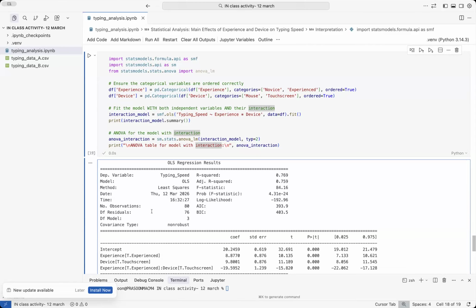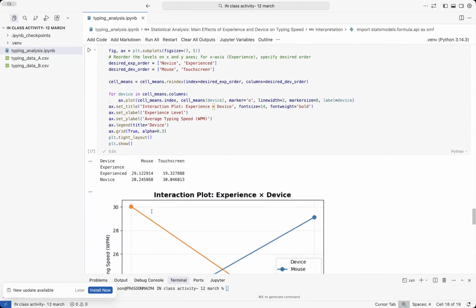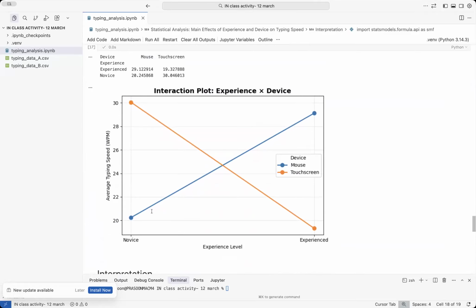So when device equals mouse, going from novice to experienced gets you 9 characters per minute faster speed. Sorry, is that right? Show me the plot again. When device equals mouse, that's the blue line, going from novice to experienced, so going up on the blue line, gets you about 9 characters per minute. Higher is faster, right? Because you're going from about 20 to about 29.